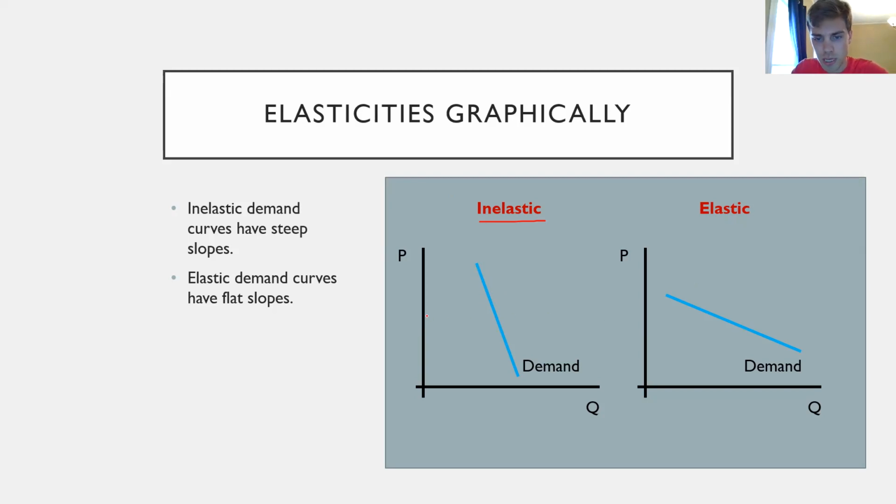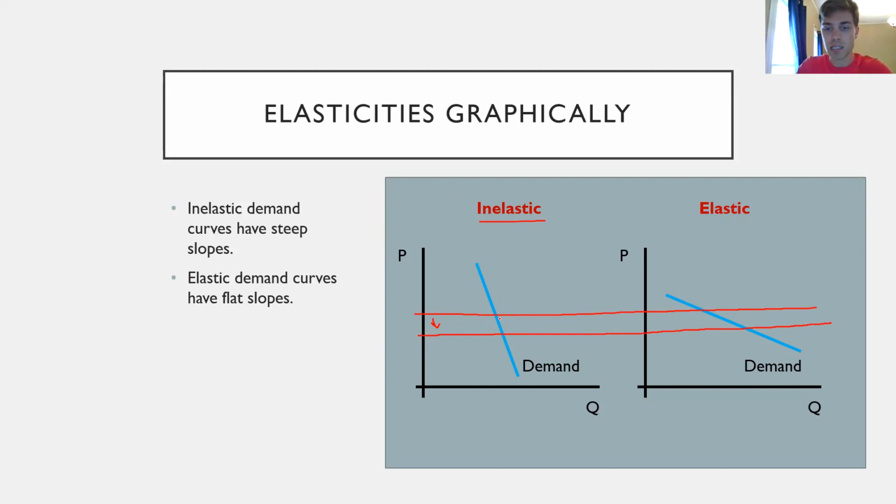Let's take a baseline price right here. Hopefully I drew a straight line, and look at the same change in price. I'm going to decrease the price down just a little bit to here on both graphs.